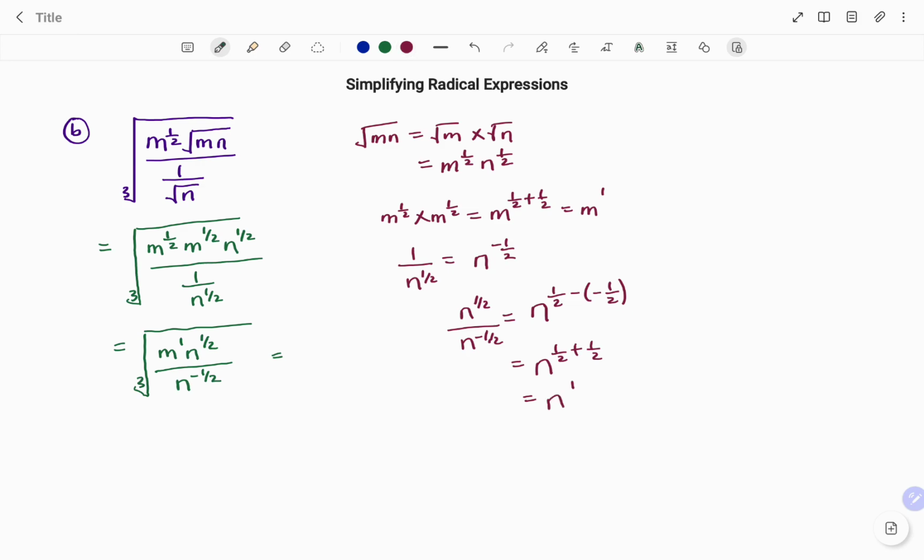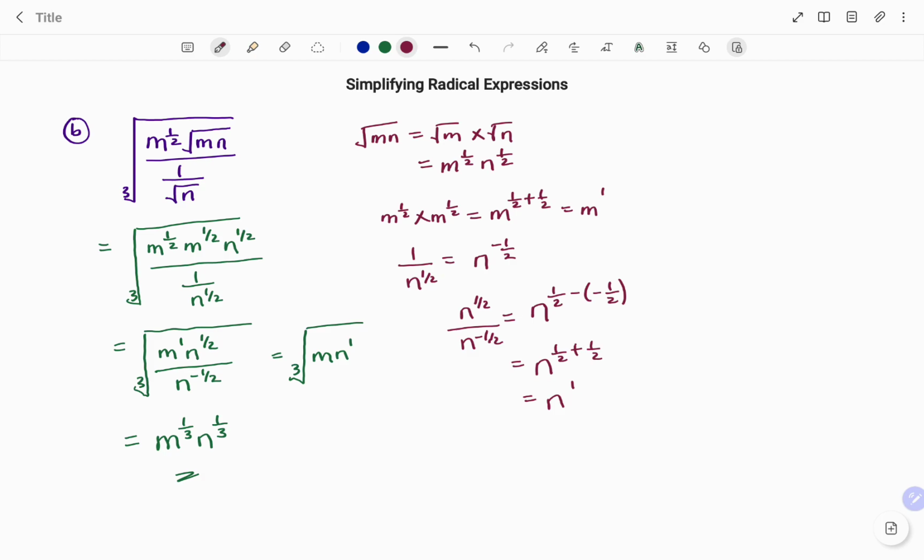So if I rewrite that, I still have my cube root. I have my m to the power of 1 and n also to the power of 1. And if I rewrite that as a rational exponent, it's going to be m to the power of 1 over 3, n to the power of 1 over 3.